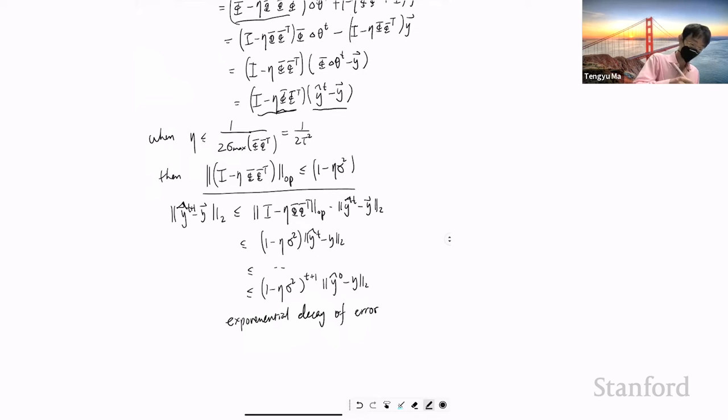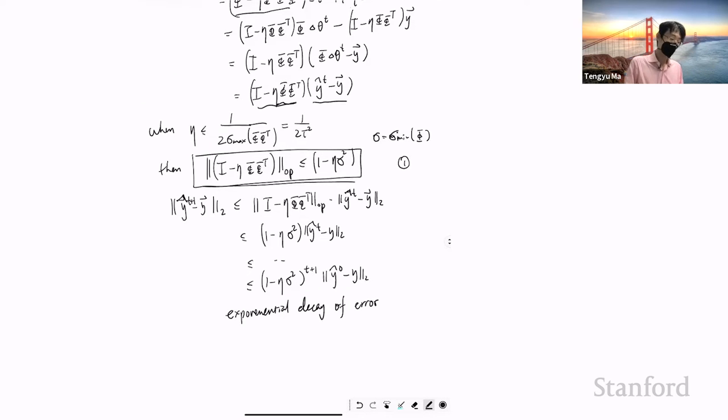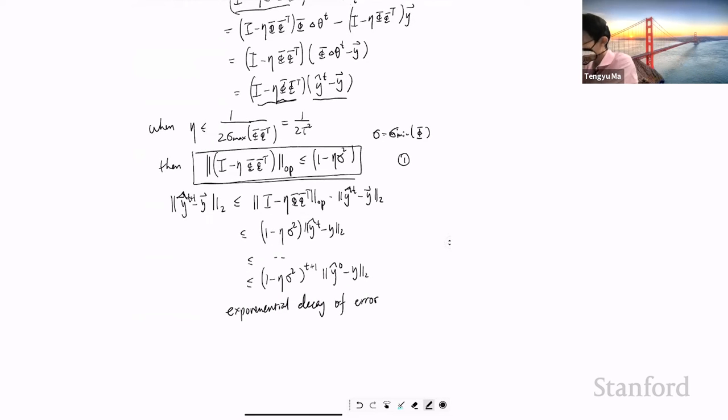Yes, that's a good point. So sigma is the minimum singular value of phi, and let's prove this right now. Let's say this is number 1. Suppose you have number 1, then you have all of this exponential decay, right? So now let's prove number 1. How do we do that?